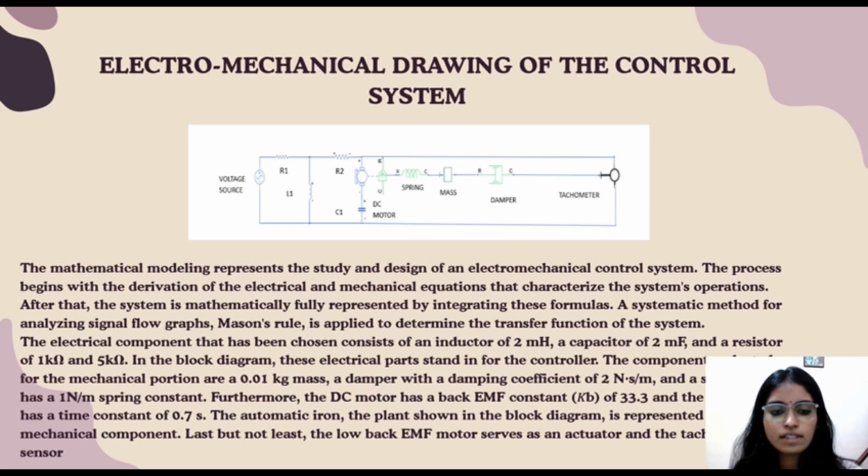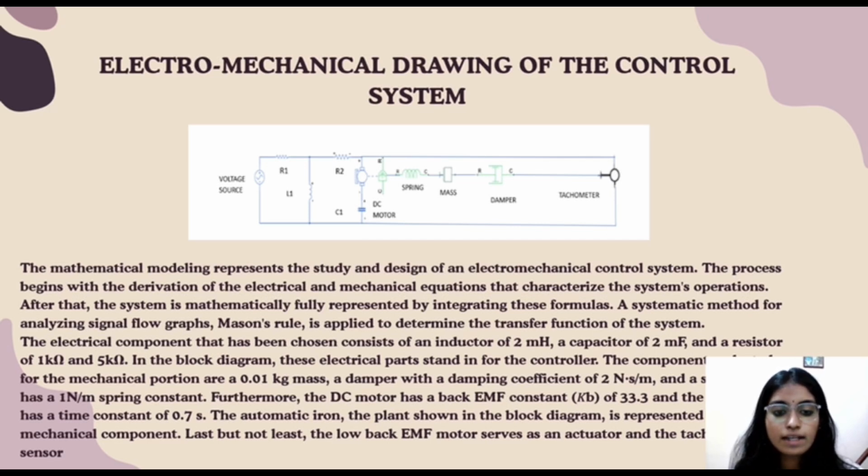After that, the system is fully represented mathematically by integrating the formulas. A systematic method for analyzing signal flow graphs, Mason's rule, is applied to determine the transfer function of the system. The electrical components chosen consist of an inductor of 2 micro, a capacitor of 2 microfarad, and resistors of 1 kilo ohm and 5 kilo ohm.